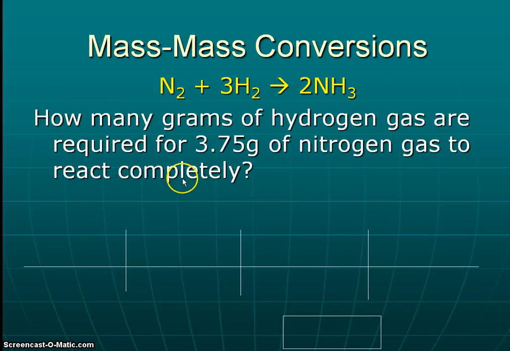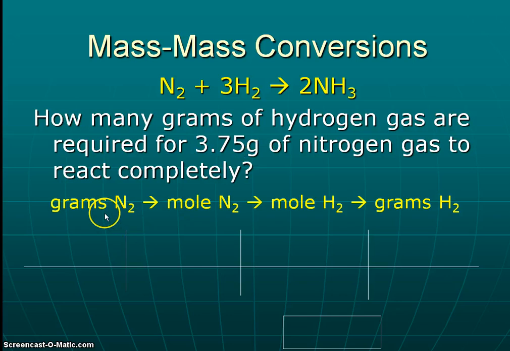Let's do one. It says how many grams of hydrogen gas are required for 3.75 grams of nitrogen to react completely. So just like before, we're going to start with what we're given, 3.75 grams. Since we need to switch from nitrogen to hydrogen, the only way to switch from one chemical to another is to use the mole-to-mole ratio. But I can't use that if I have grams. So the first thing is I need to get it to moles.